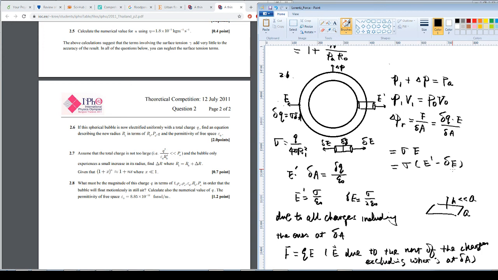What really matters is the one that points outwards. So basically, you're taking away the component that's pointing out.